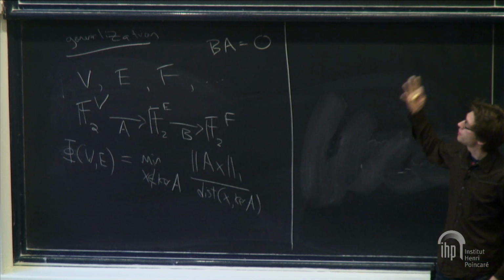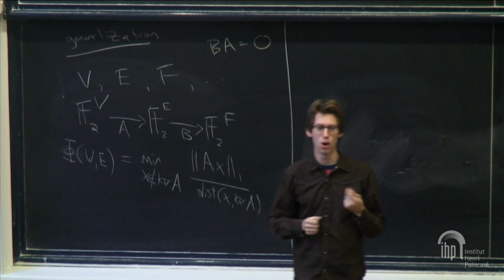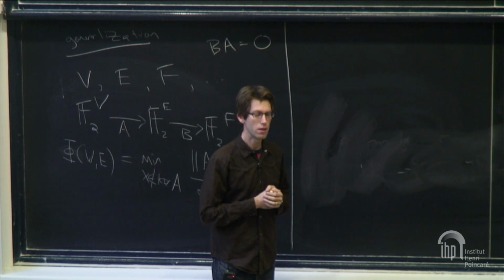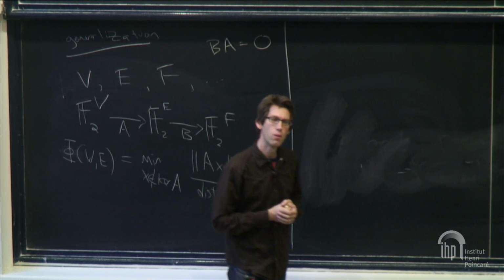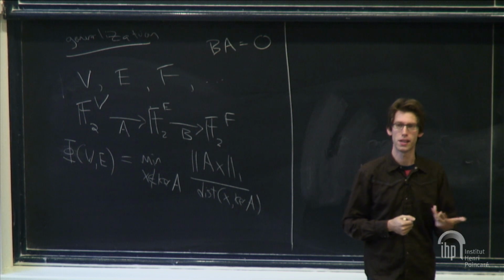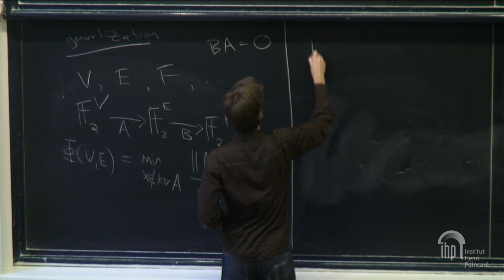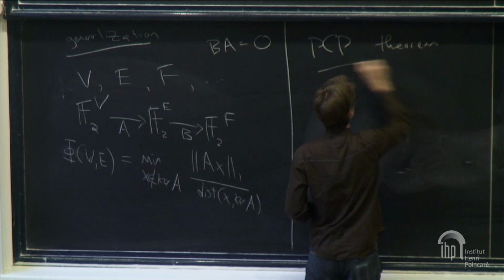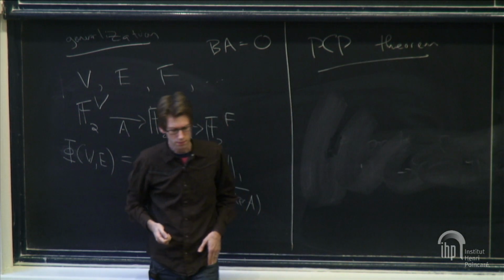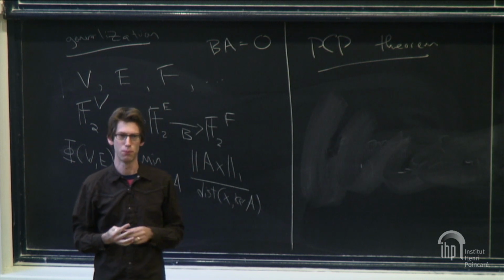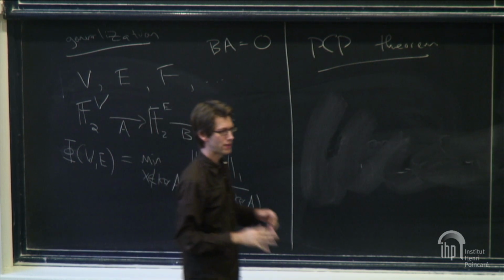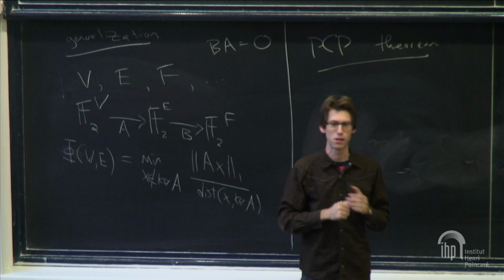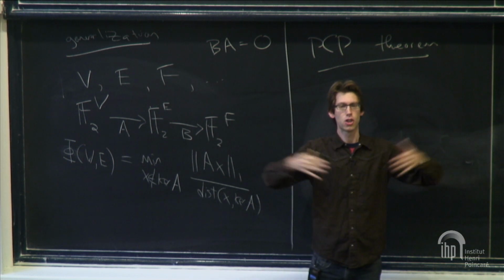So what this lets you do is check whether you're in the code space in a robust way. And one reason why this is of interest in classical computer science is something called the PCP theorem. It's called the probabilistically checkable proof theorem. The high level, intuitive picture of what this means is there's a giant proof.